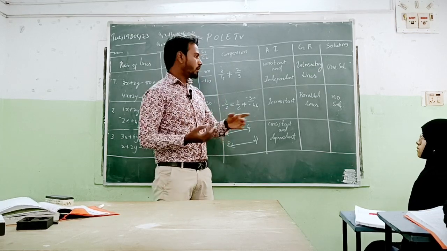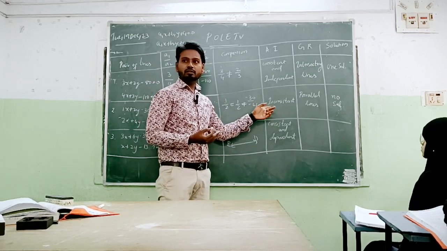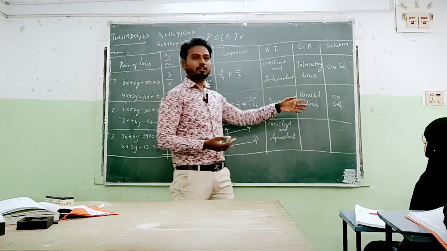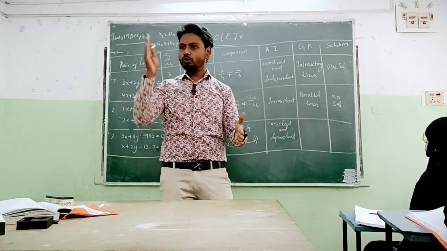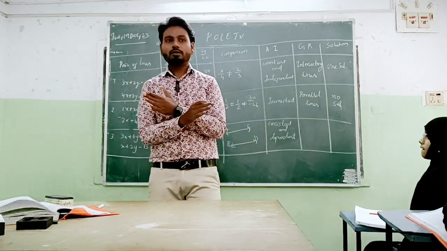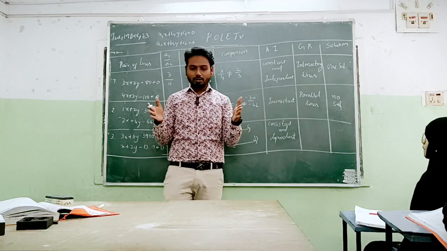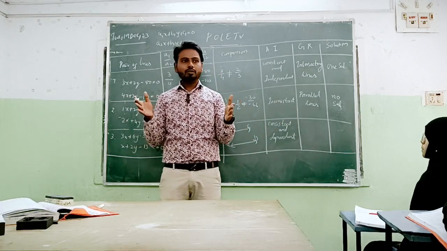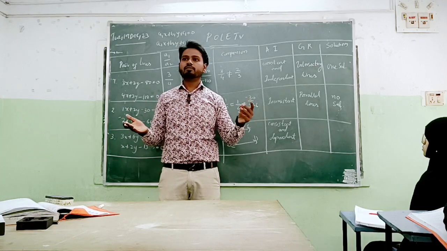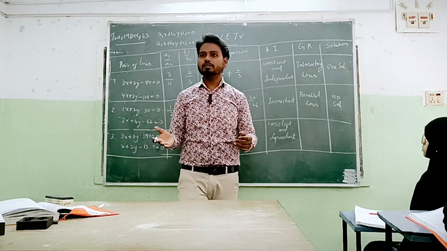So they are inconsistent, and the graph is parallel. You go your way, I go mine. Not meeting even one time. And there is no solution because they are not meeting. If they are meeting, they'll find one solution.